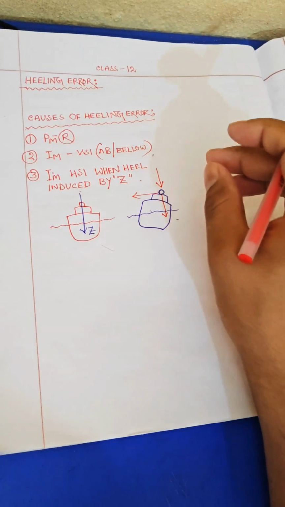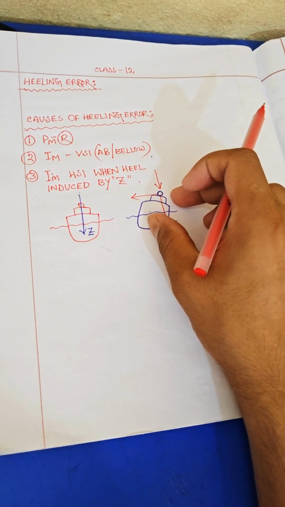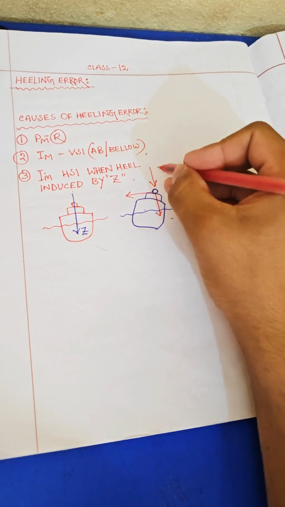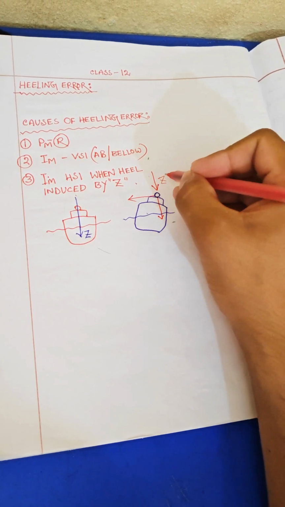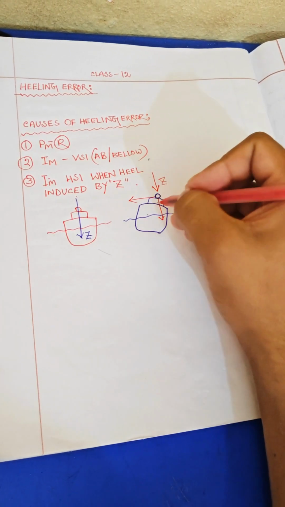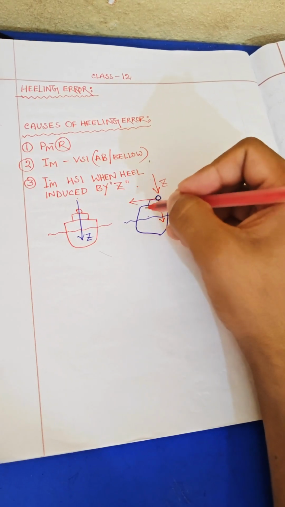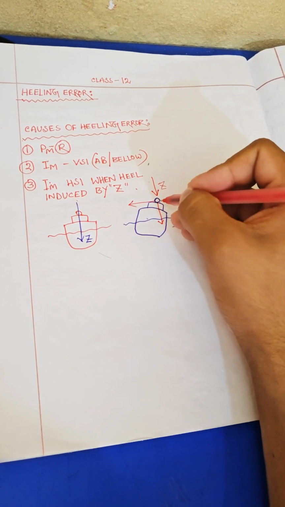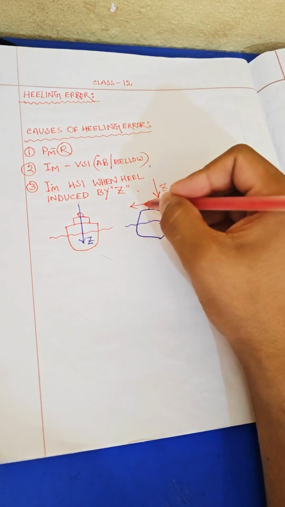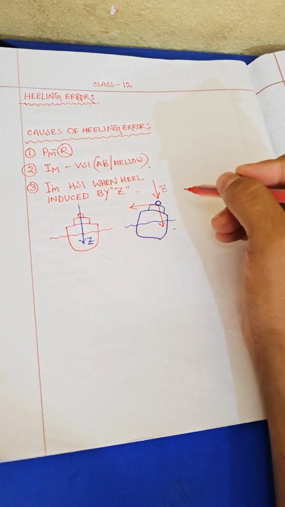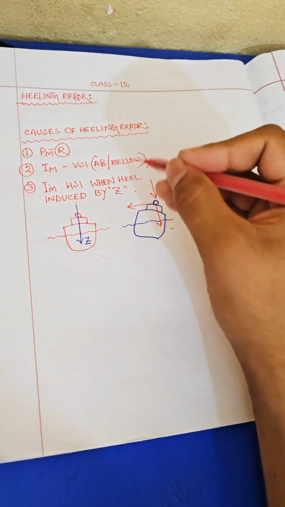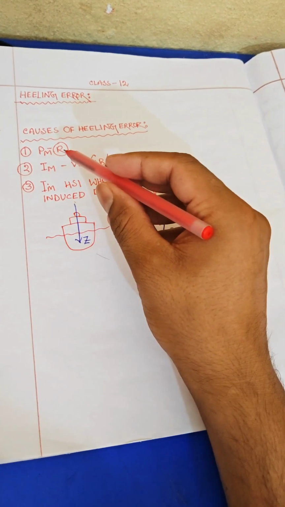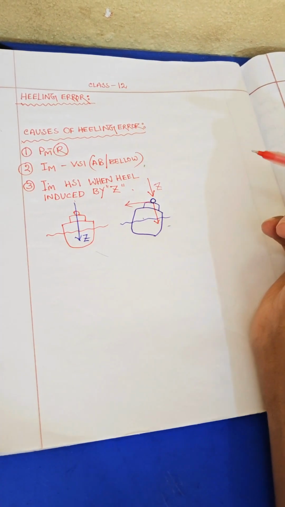But when the vessel is heeled over to any side, when this Z force acts vertically downwards, at that time another component will be created. This is the vertical component towards downwards, and this is the horizontal component, and this will create the heeling error. So I will explain this one by one for PM R and the others also, guys.